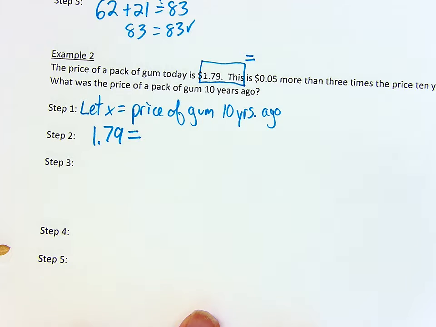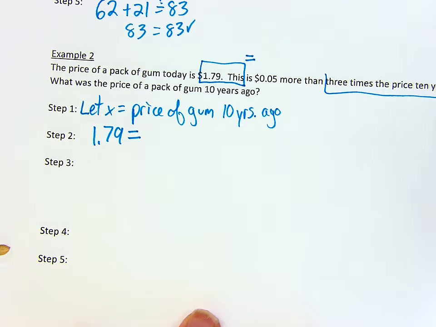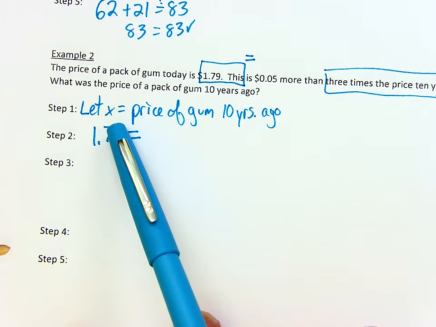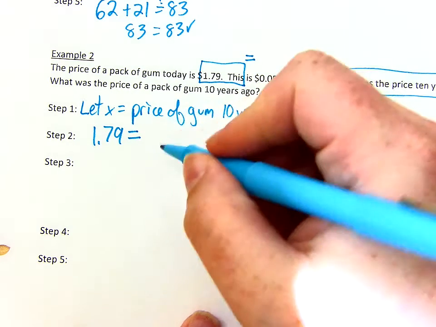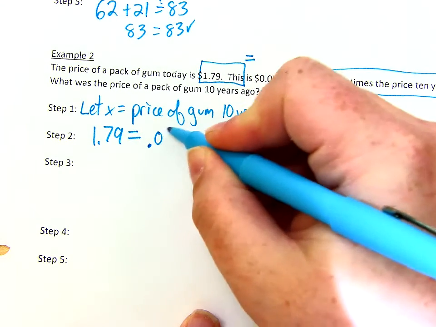So I'm going to add 5 cents to 3 times the price 10 years ago. What was the price 10 years ago? X. So how do I show 3 times that? There you go, 3x.